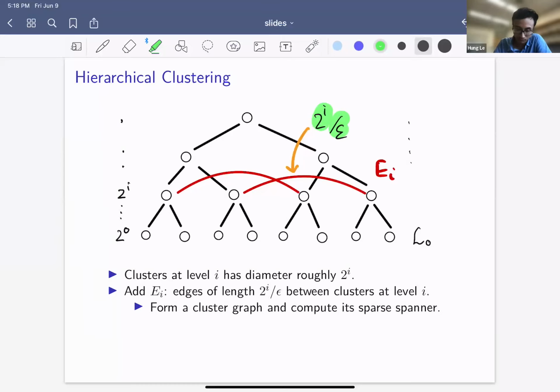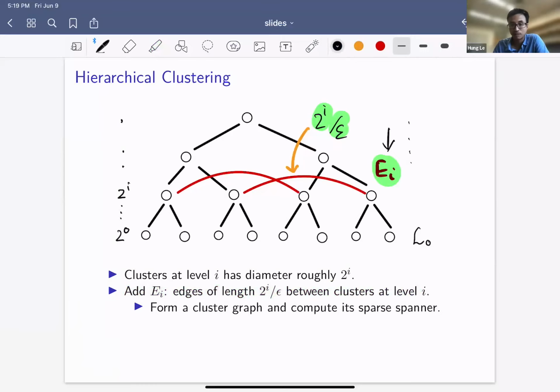For example, we look at level i, we add some edges E_i, which are between clusters at level i, and the edges have length roughly 2 to the i over epsilon, which is one over epsilon more than the diameter of the cluster at this level. And then how to find this set of edges is: you can guess that in our framework, we are saying that for a certain cluster graph, we construct a certain t-spanner for the cluster graph.